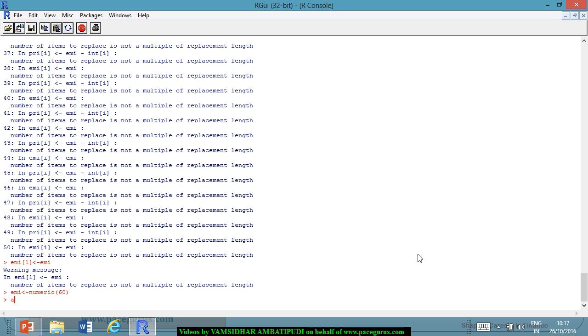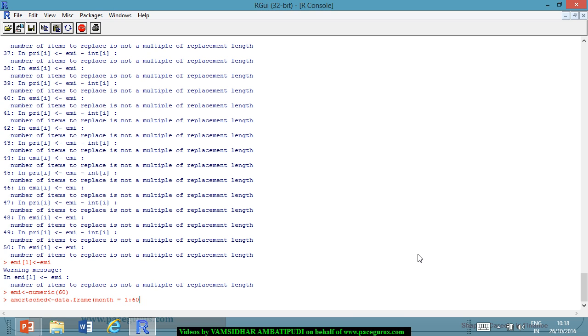Now I can call it as amortization schedule, right? Let me call it as amort shed, wherein I require a data frame now. So I'll consider all of them as a part of the data frame. So initially I will set month equal to 1 to 60.